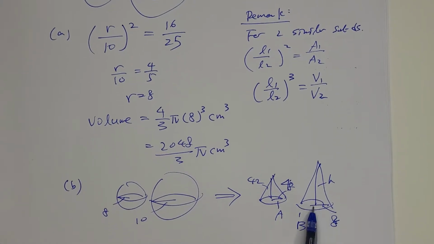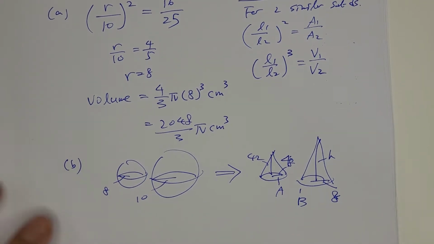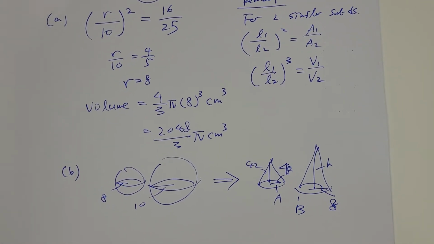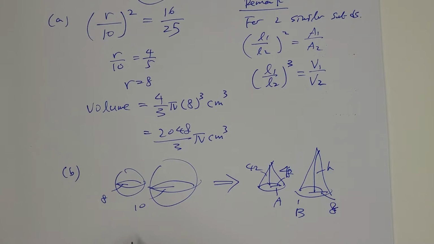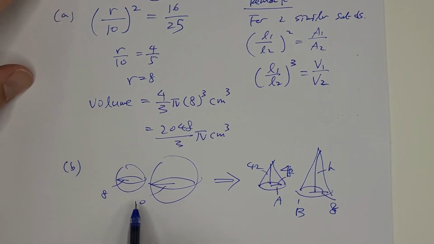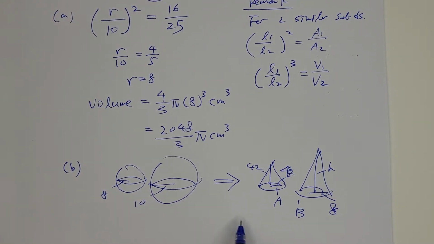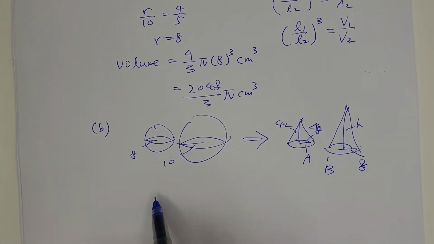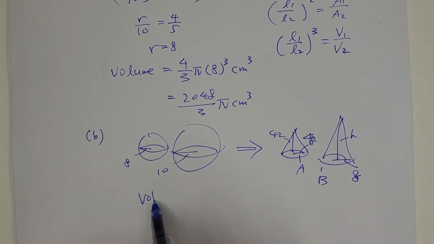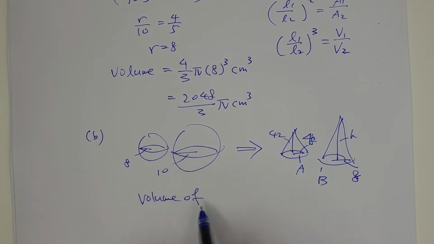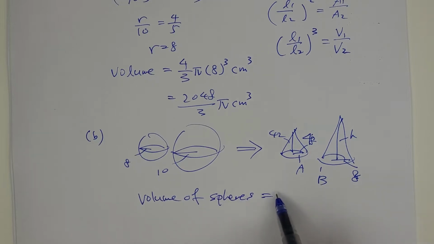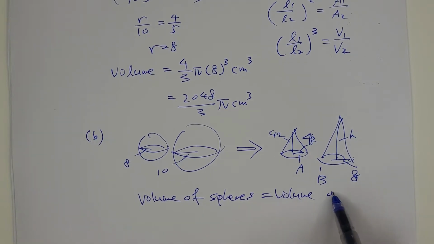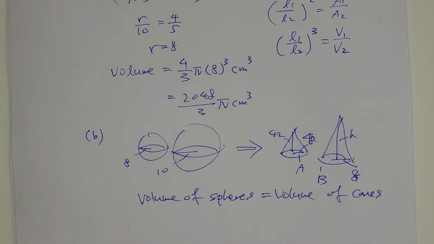What we can do is use the observation that the volume of the two spheres equals the volume of these two cones. So we can write: volume of spheres equals volume of cones.